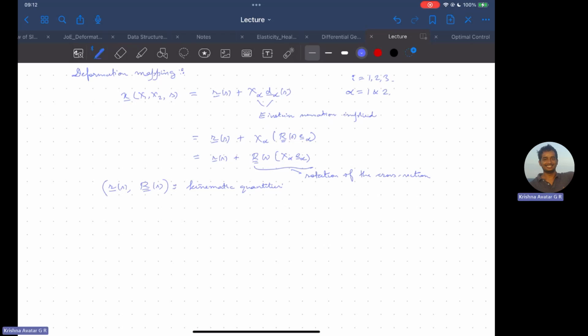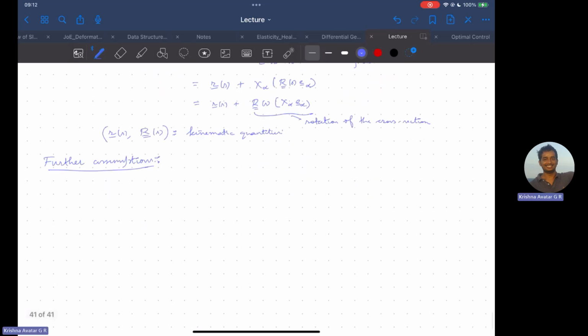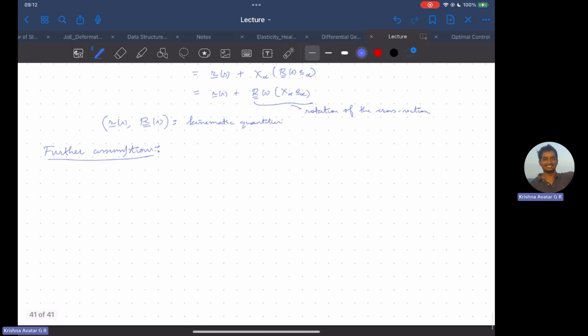And we make one more assumption now, just for the simplification of the problem, what we call the further assumptions. It's like we're adding more and more assumptions just for simplification of the problem.